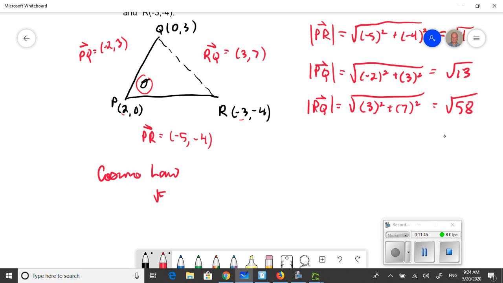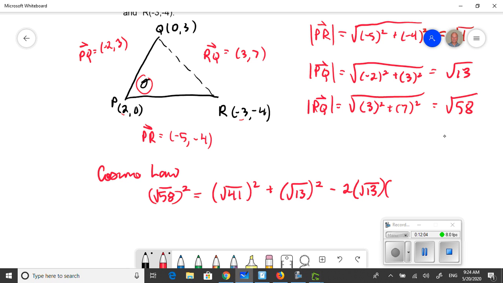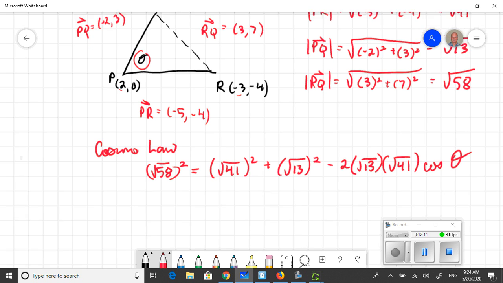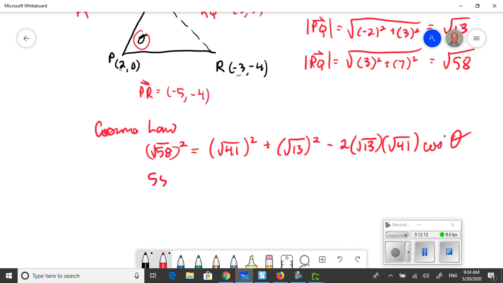That's going to be square root 58 squared, equals square root 41 squared plus square root 13 squared minus 2 multiplied by my two sides times the cosine of theta, whatever that angle is. Okay, and that's the cosine law application. Okay, this is 58, 41 plus 13, and I'm going to work all that out.